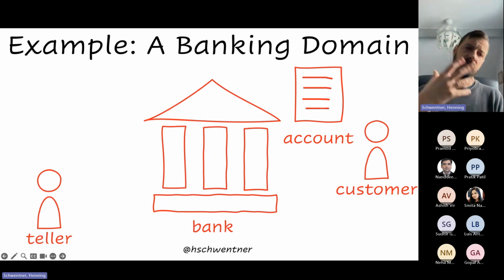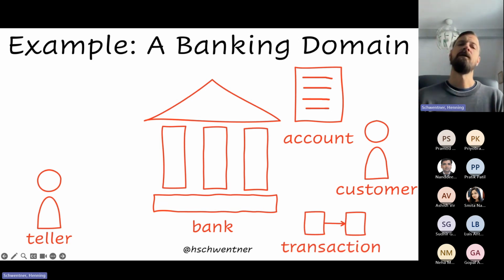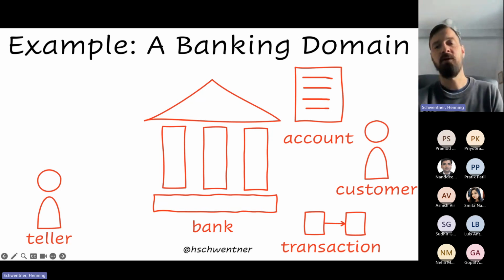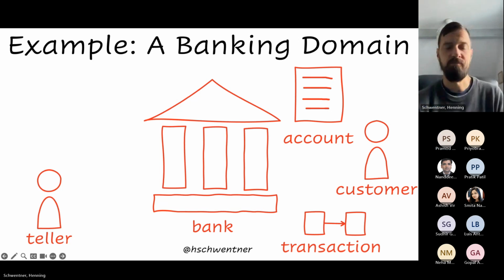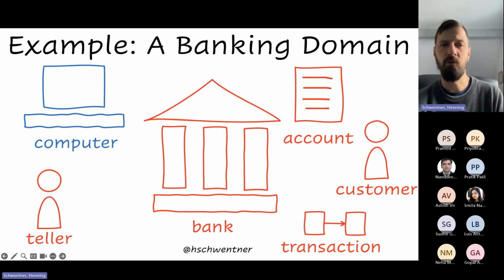And a customer keeps his account with a bank, and a customer, for example, wants to do transactions. That means he says, well, dear bank, take money from my account and transfer it to another account, to another customer of the bank. So that's banking, private banking, also business banking. And I think we can all well imagine that there's a computer system here that supports this banking business, managing the accounts and transactions. That means transfer money from one account to the other.